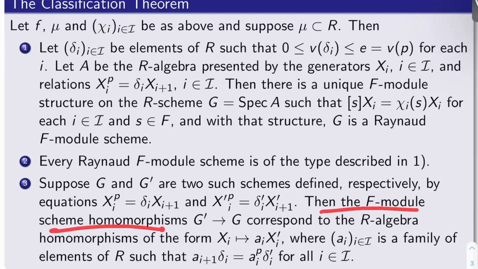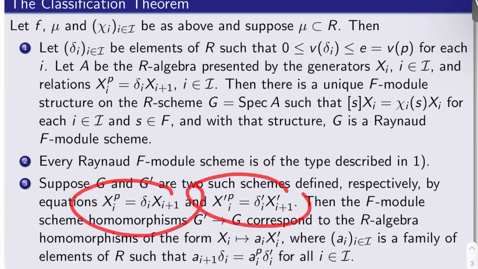Then the F-module scheme homomorphisms from G prime to G correspond to the R-algebra homomorphisms of the form X sub i maps to a sub i X prime sub i, where the a sub i's, as i runs through big I, are just a family of elements in R such that a_{i+1} delta_i equals a_i to the p times delta prime sub i, for all i in big I. And so this tells us how two group schemes defined by these kind of canonical equations associated to our setup in number 1 are related to each other on the level of algebras.